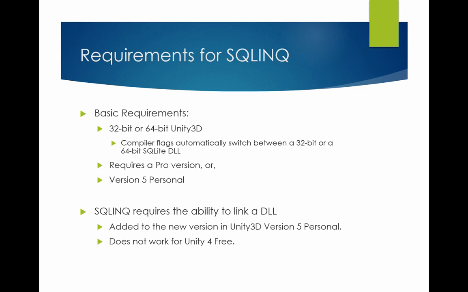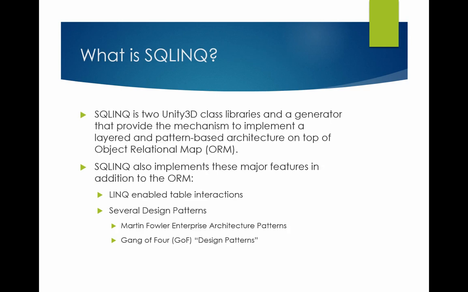The reason it's version 5 personal is because in version 5 they opened up all of the features for the free or personal version, which includes the requirement to link in a DLL. This doesn't work in Unity for free, so that's the trade-off.